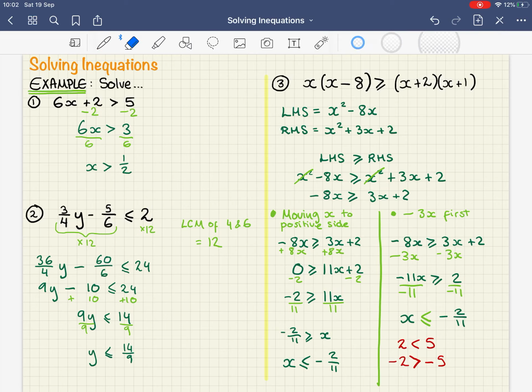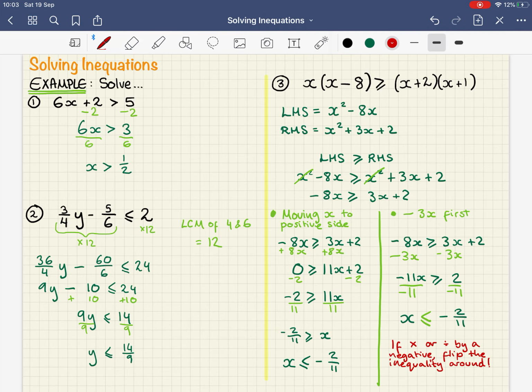So make sure, I'll make a written note in this, if multiplying or dividing by a negative, flip the inequality around.